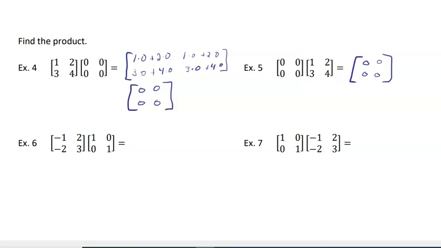Now the second one here is called the identity matrix. So 1, 0, 0, 1 is the identity matrix. It's a matrix full of zeros, except there are ones on the downward diagonal. And here, something else interesting happens. So we get negative 1 times 1 plus 2 times 0.